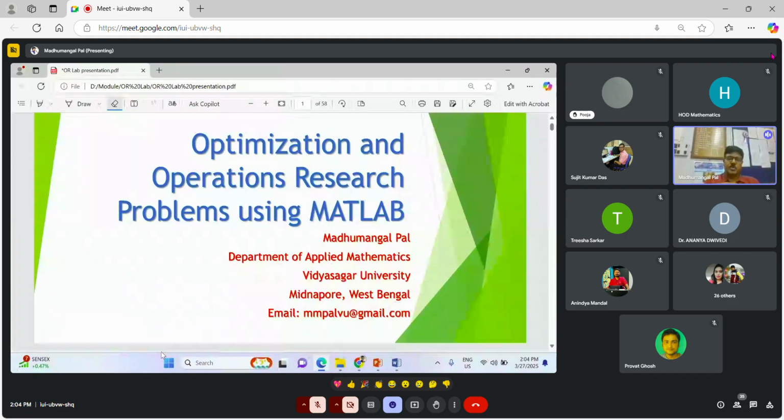Another is the image processing module. Another is a module on graph theory. Another is a module on fuzzy mathematics. A lot of things are there. So in this starting training program, we just introduced the basic operations and one particular case of mathematics, the solution of differential equations, and how we can plot graphs.